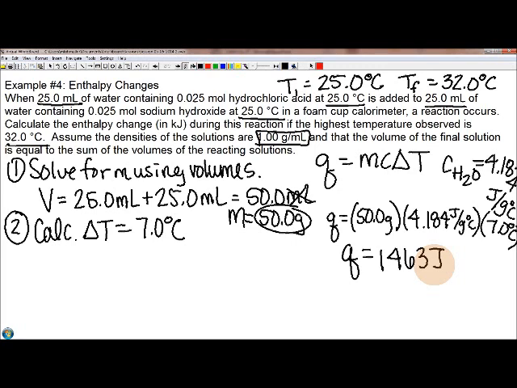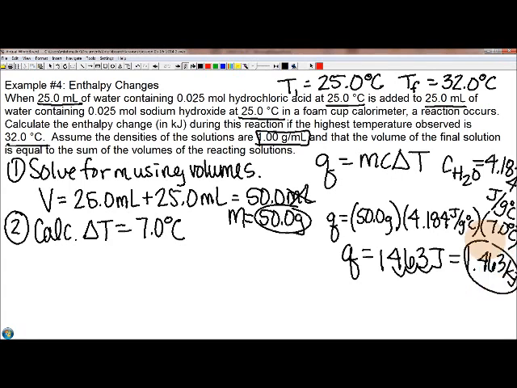There are 1,000 joules in every 1 kilojoule. Just like from milliliters to liters, we're going to move our decimal 3 times to the left: 1, 2, 3. So that means q equals 1.463 kilojoules.